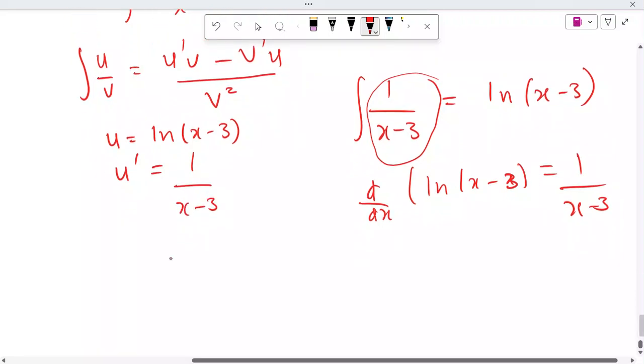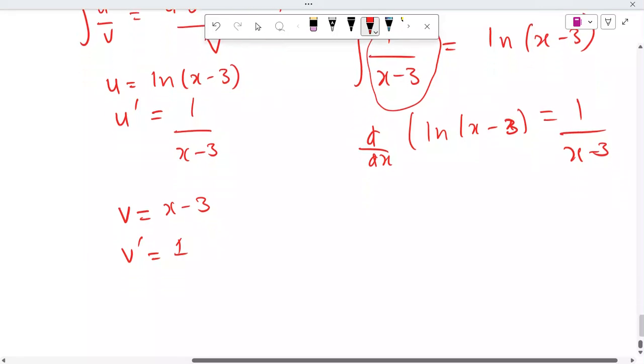Okay, so v equals x minus 3. So v prime, you differentiate this one, it will be 1, and differentiating this one will be 0. Okay, so we rewrite now. We deploy our formula. Our formula is integrating u over v equals u prime v minus v prime u over v squared, sorry.